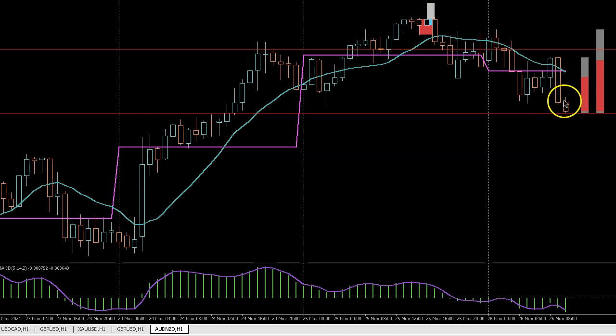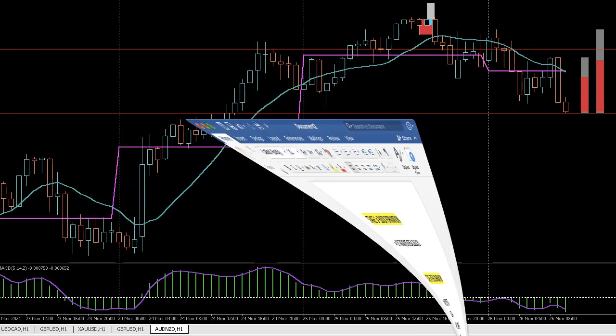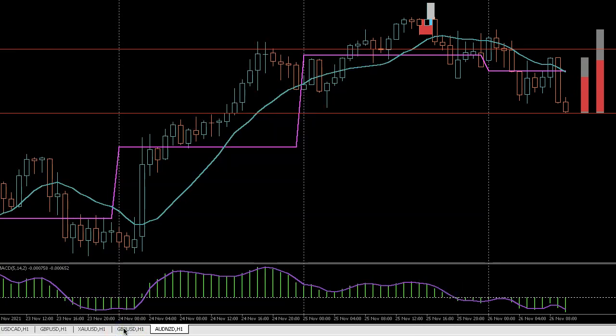This would have been the second entry, and we are below the MACD. We are below the prior day mid-level. So we already have everything that we need for trend confirmation, right? So this is stage 2, which is awesome. This is great.